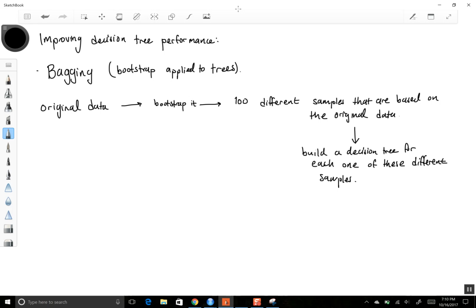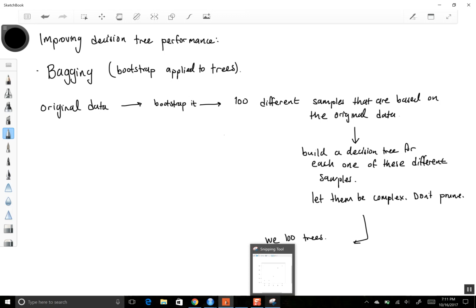Okay, and you don't even bother with the pruning. Just let the trees be complex. We don't care. Okay, let them be complex. Don't bother with pruning. Okay, so now we have 100 trees.